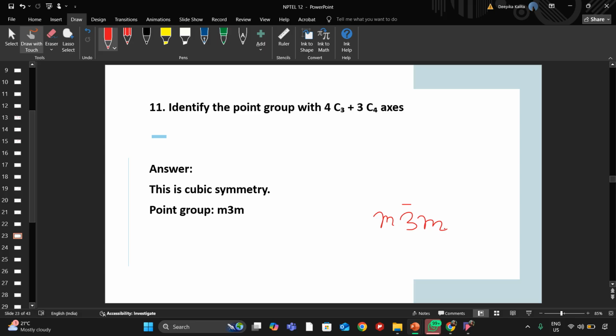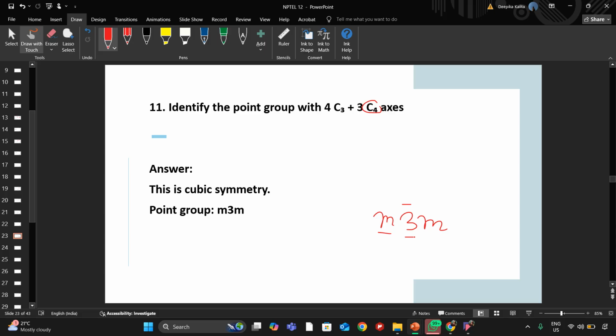And here the first m refers to mirror planes perpendicular to the principal axis, and it has three such axes. Okay, and the second position, 3-bar, indicates the object is rotated by 120 degrees and then inverted through the center.